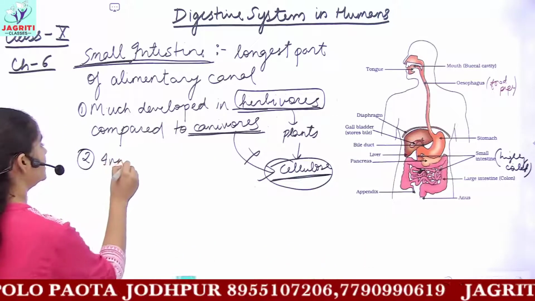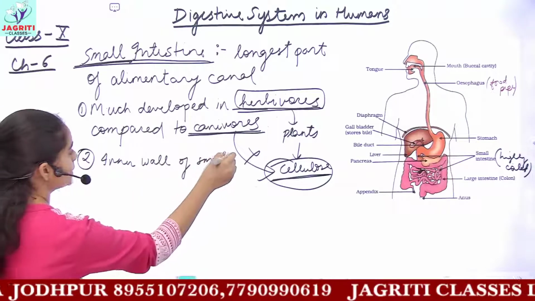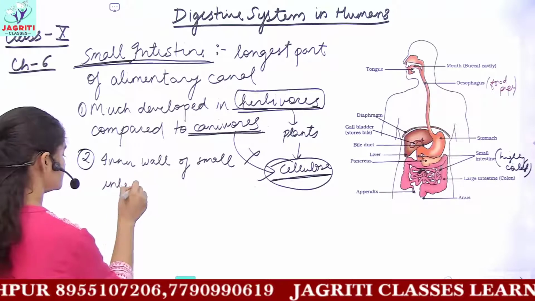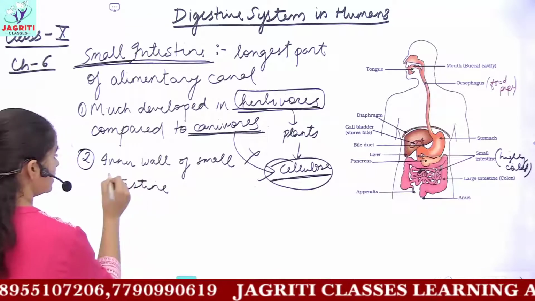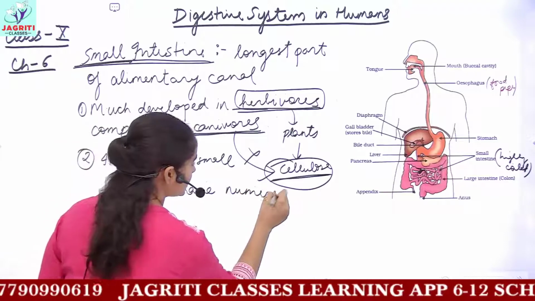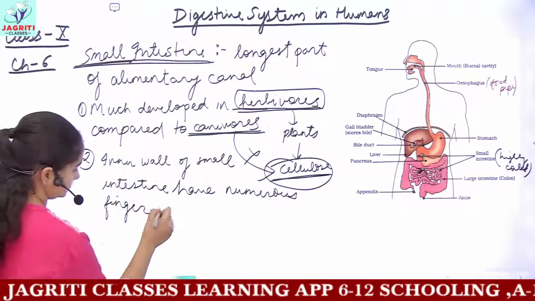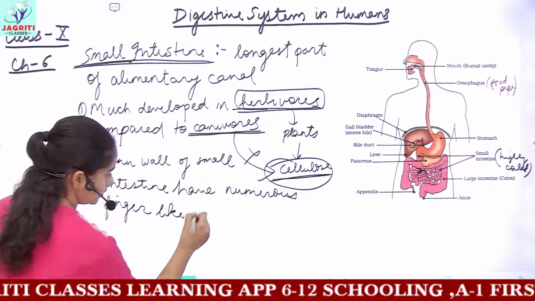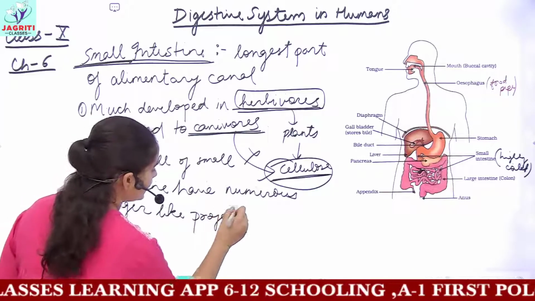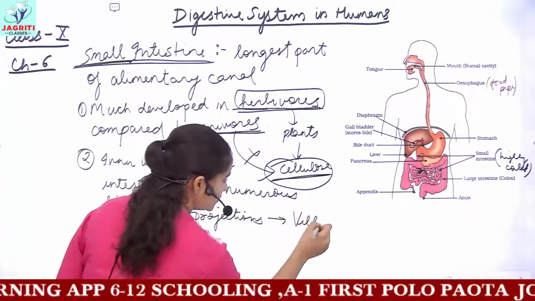So we can write, the inner wall of the small intestine has numerous finger-like projections, and these finger-like projections are termed as villi.